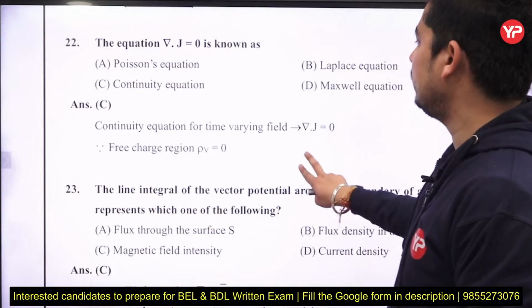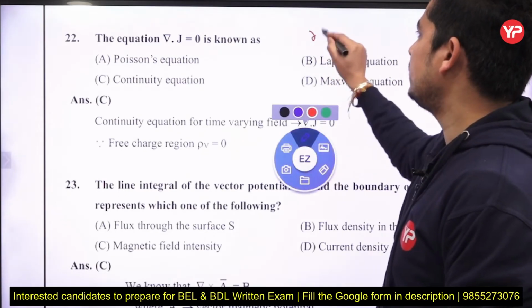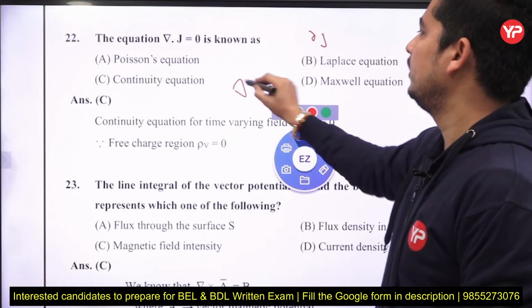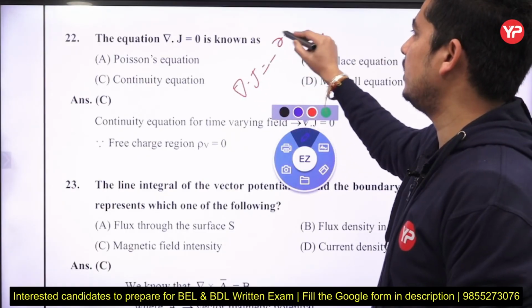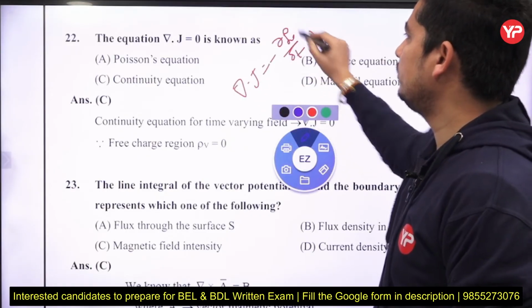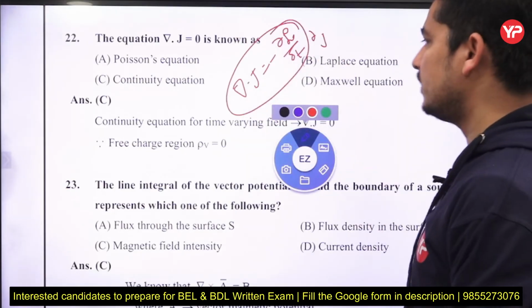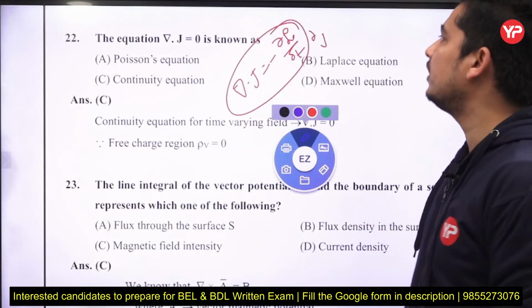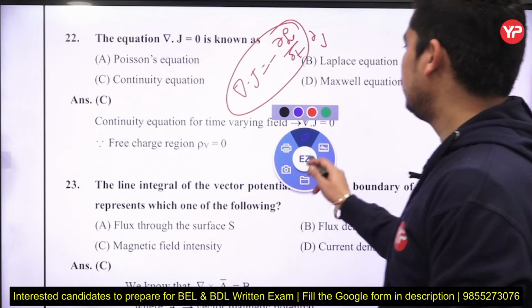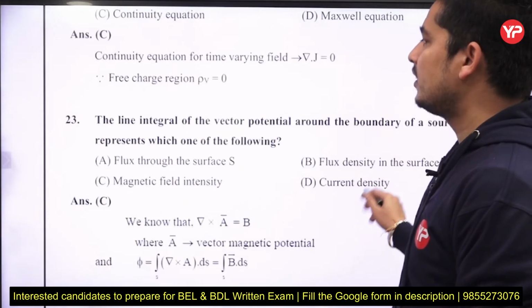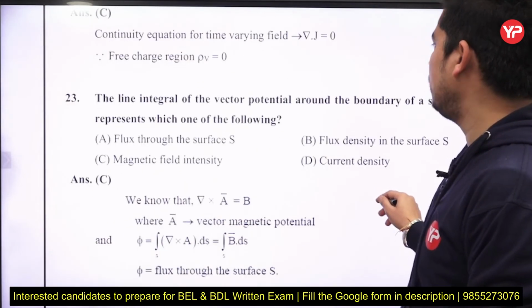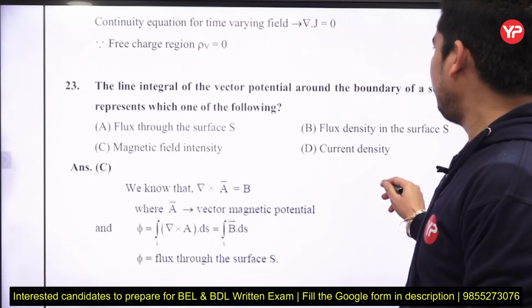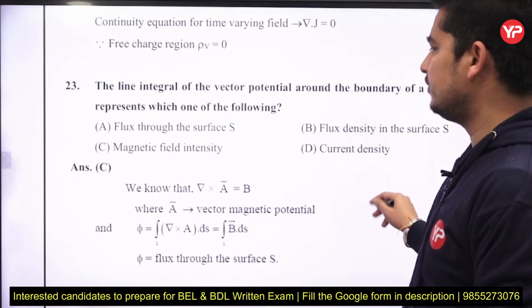What is the exact continuity equation? That is del dot J is equal to minus del rho v over del t. So if you have a static charge, or a charge free region, then del rho v over del t is going to be 0, right?